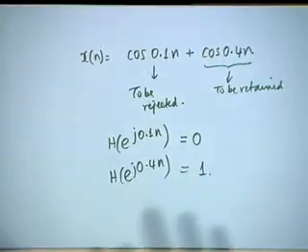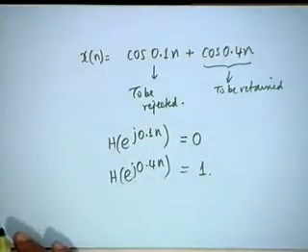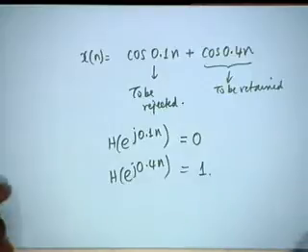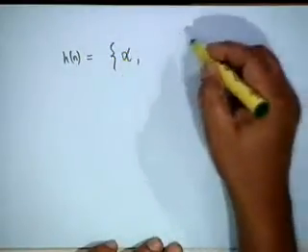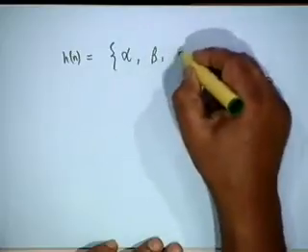Let us design the simplest possible kind of filter to satisfy this. Let this be, to start with, an FIR, finite impulse response filter, of length 3 arbitrarily. I could also choose length 2. Let us say we have length 3, and let us suppose that my h of n is equal to alpha, beta and alpha.